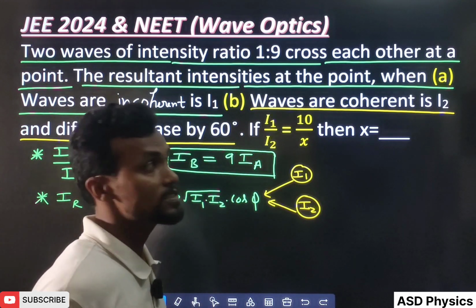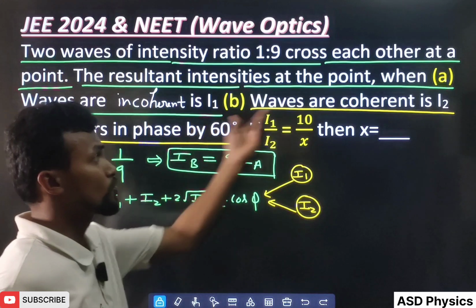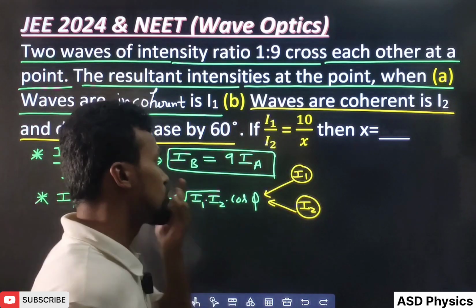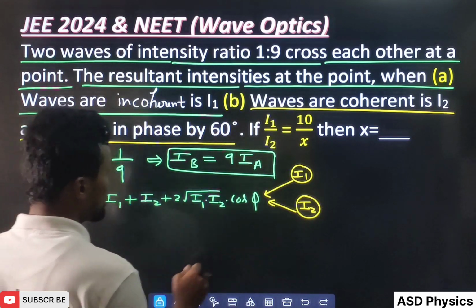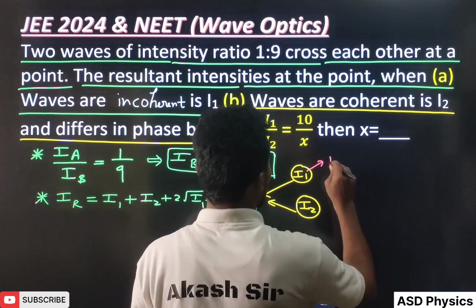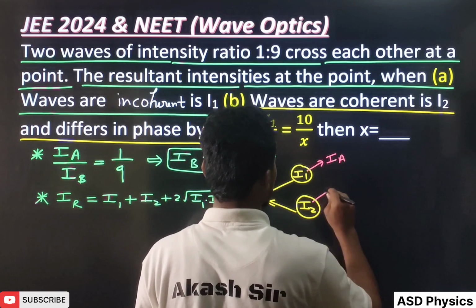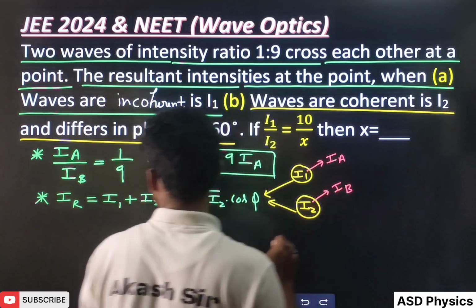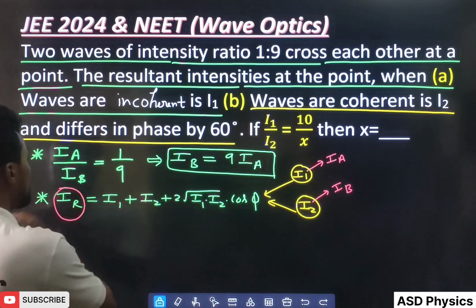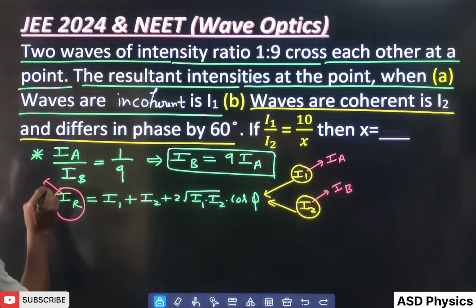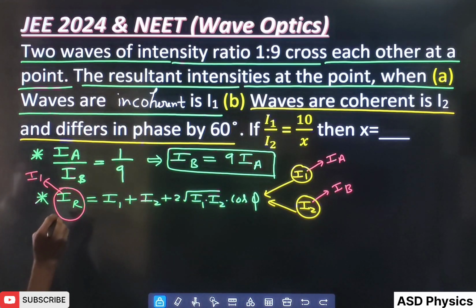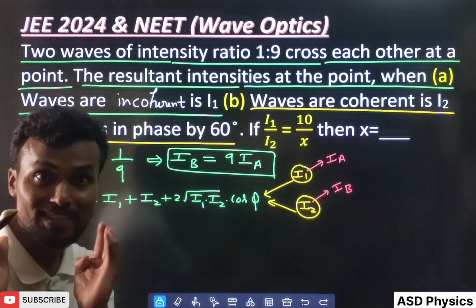But in our question I1 and I2 are used for the resultant intensity. So instead of I1 we use IA, instead of I2 we use IB, and in place of IR, depending upon the situation, we will use I1 for the first situation and I2 for the second. I hope things are very clear.